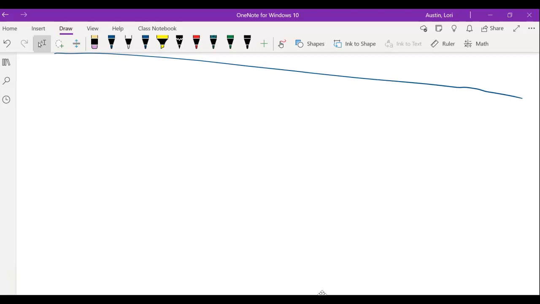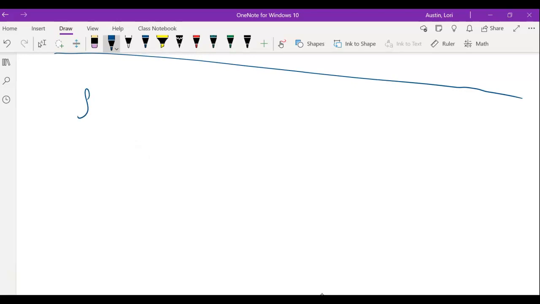Let's do another one. I'll just pick one out of the book. Now, let's do a sine and cosine one.